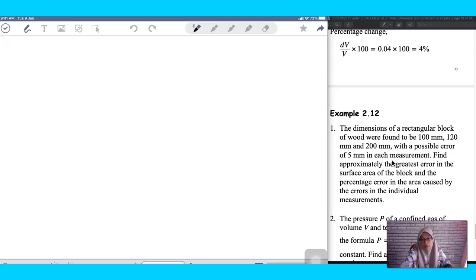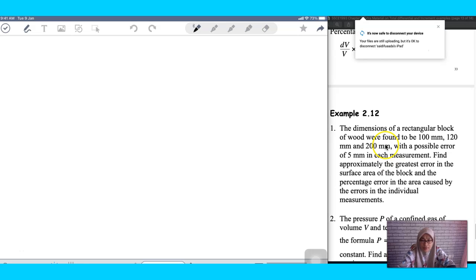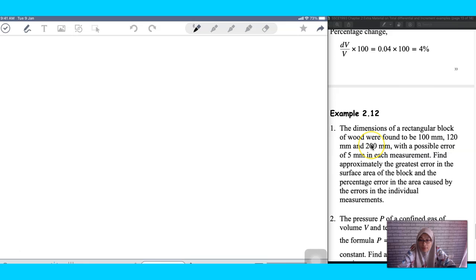So another example regarding the increment where you need to apply the total differential is based on this example. We have a problem here with a rectangular block of wood.